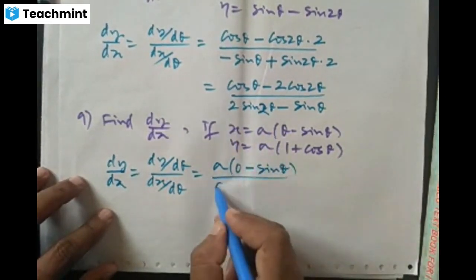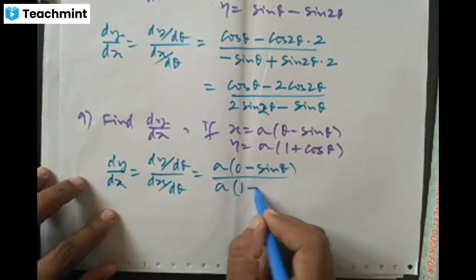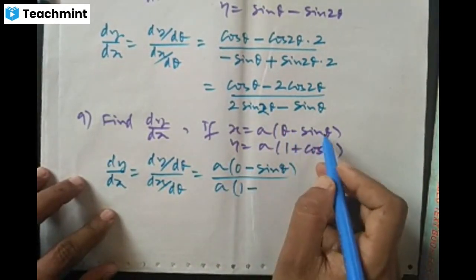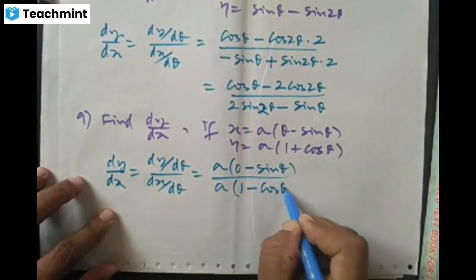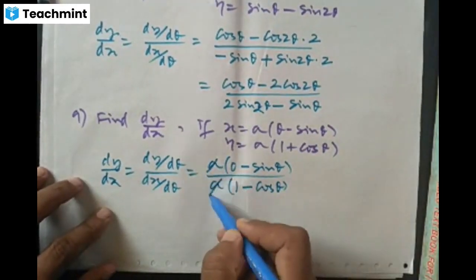dx by d theta is a into derivative of theta with respect to theta is 1 minus derivative of sin theta with respect to theta is cos theta. You can simplify this further. Here you can cancel a and a.